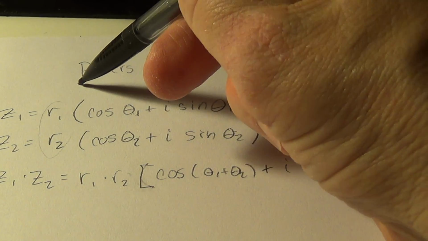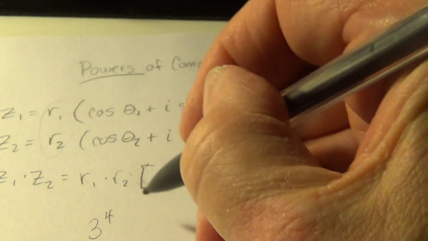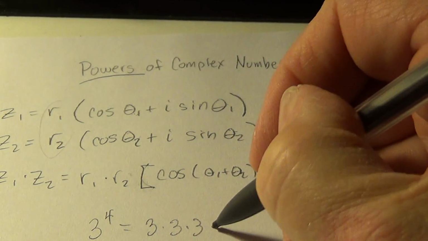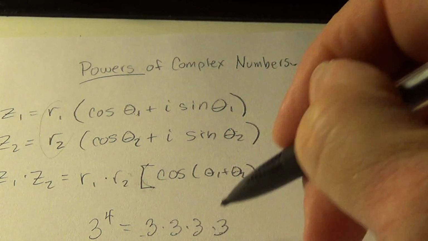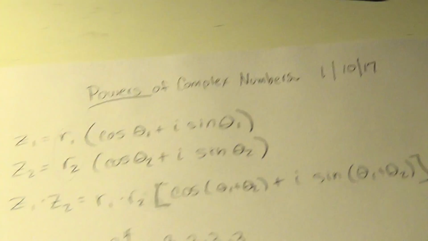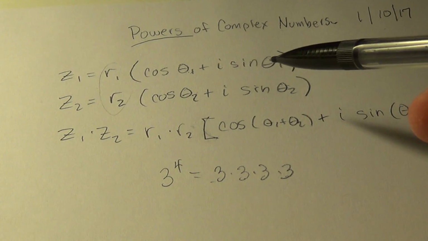So when I take a number to a power, like say I take 3 to the power of 4, it means 3 times itself, times itself, times itself, 4 times. So we're going to do something similar with these complex numbers, but we're going to use the principles of multiplication.